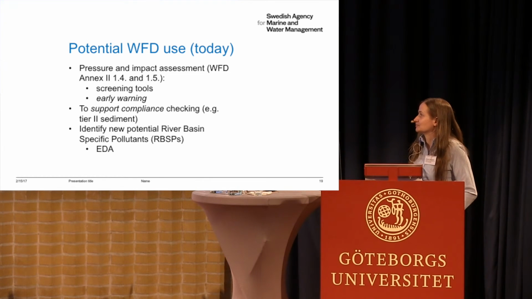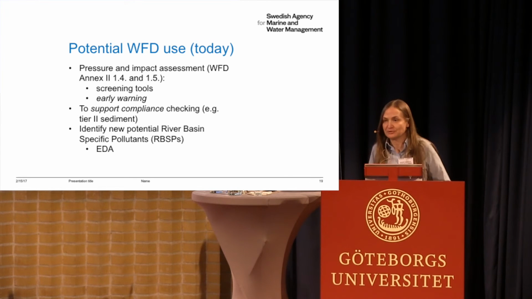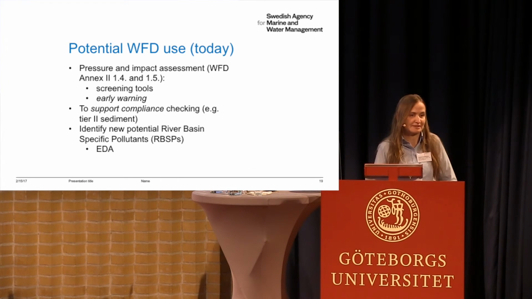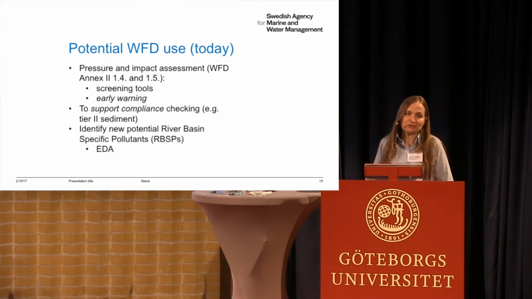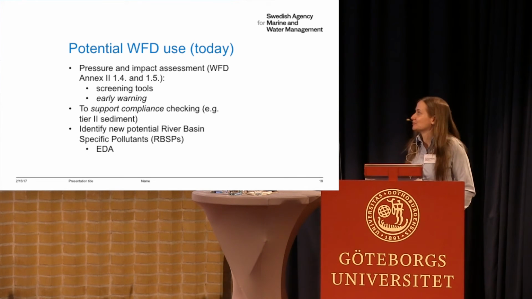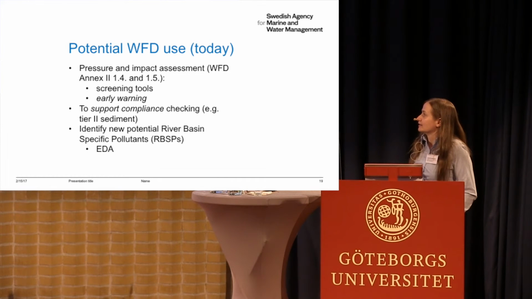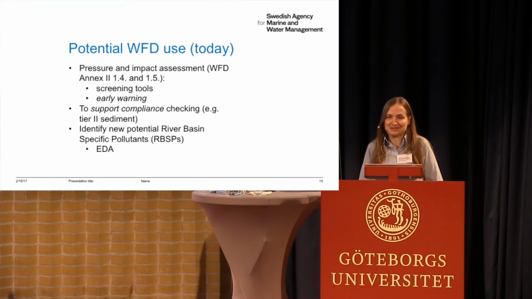But of course, in the Water Framework Directive, we're not only talking about priority substances, but also river basin specific substances. So it would be possible, I don't know if it has been used, to identify new interesting substances on a river basin, on a local scale.